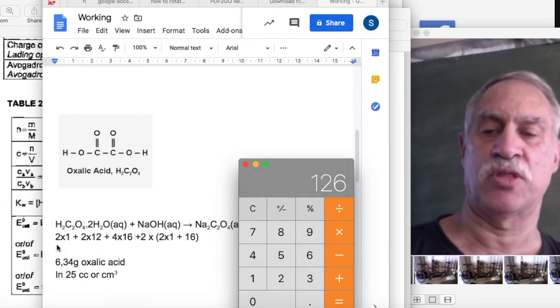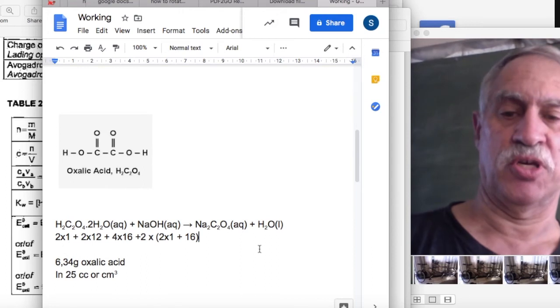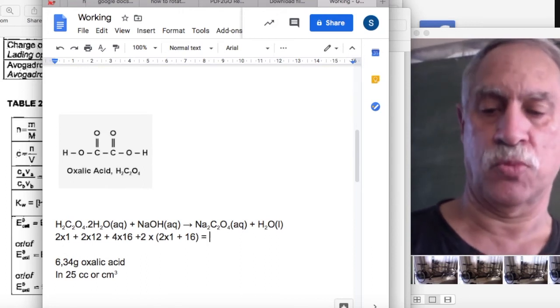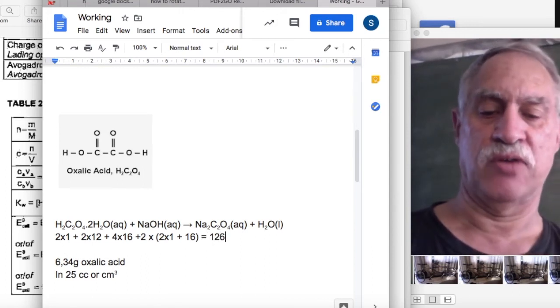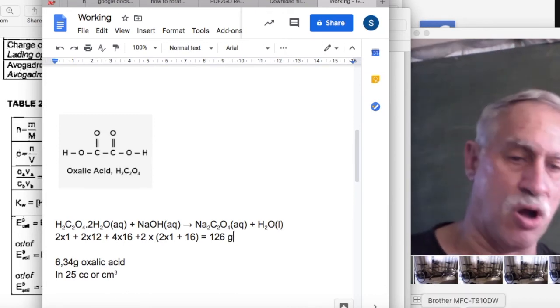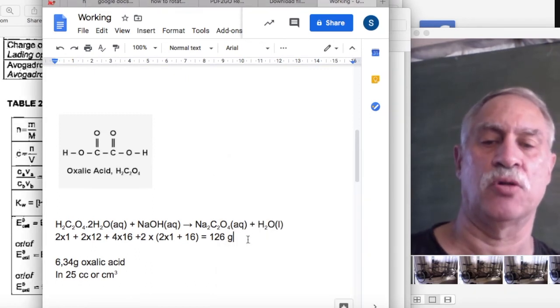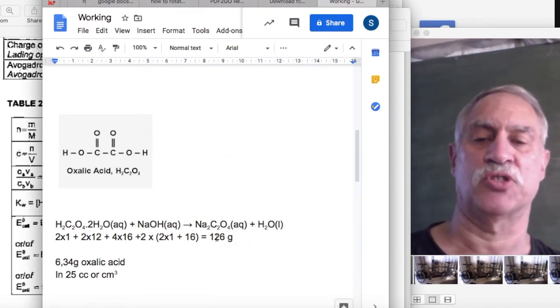So we know that the molar mass of oxalic acid with its water of crystallization is going to be equal to 126. And if we express it in grams, we've got exactly 1 mole of oxalic acid with its water of crystallization.